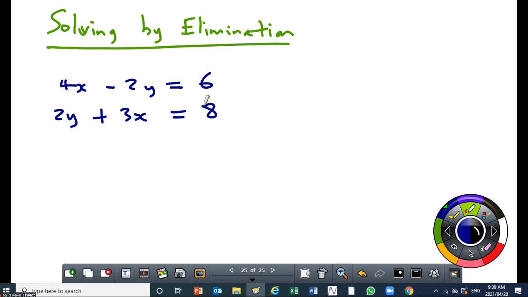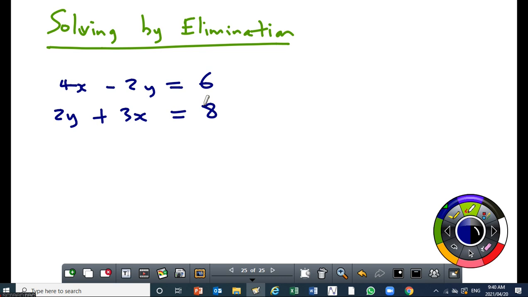I'm going to solve for x and y using a method called elimination. Now, if I want to eliminate x or y here, my suggestion would be to rewrite both of them in such a way that the terms in x are in line.